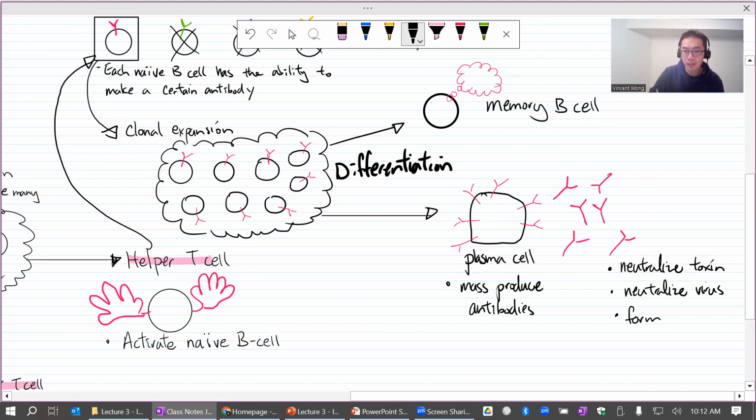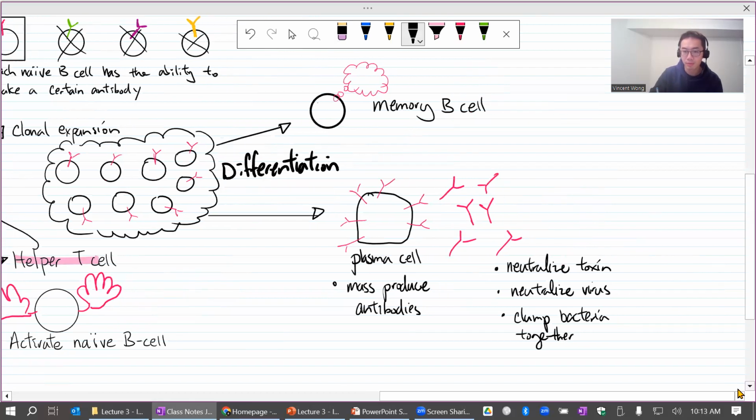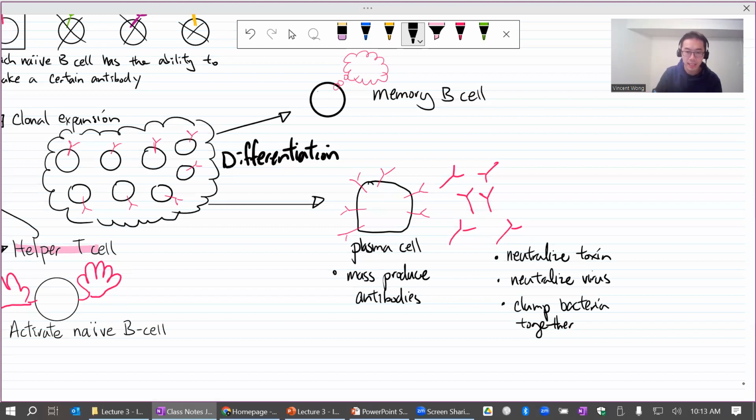Form immune complexes, actually, let's put it there, like clump bacteria together, which makes it easier to eat, to phagocytize. Also, it can help activate complement proteins.